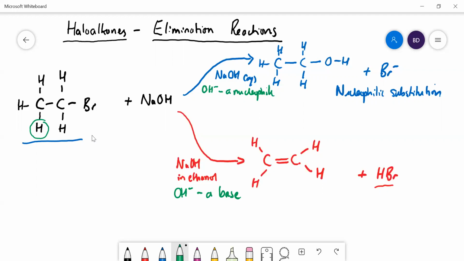Now, in actual fact, what happens is when you react sodium hydroxide with a haloalkane, you always get a little bit of both reactions occurring. Okay, you're always going to get both. You never get 100% just one. But you can force it the way you want it to go by choosing the solvent. So if you want nucleophilic substitution, you would use aqueous solution.